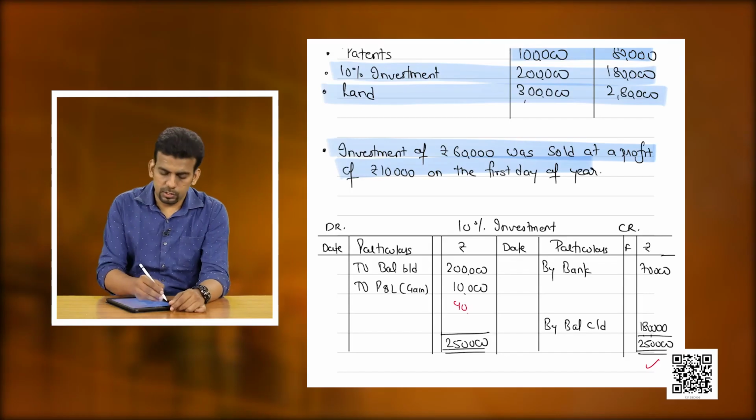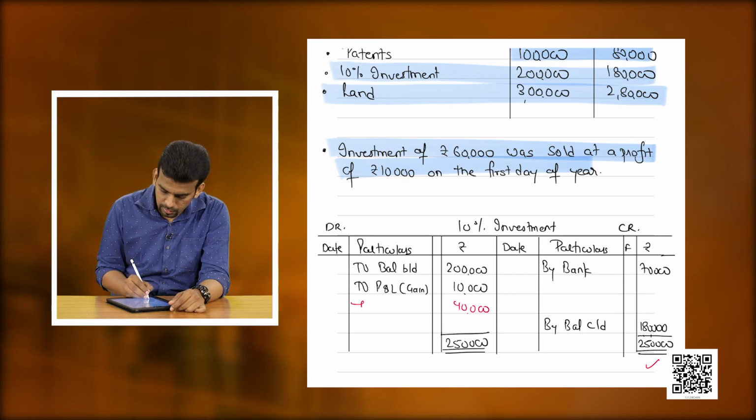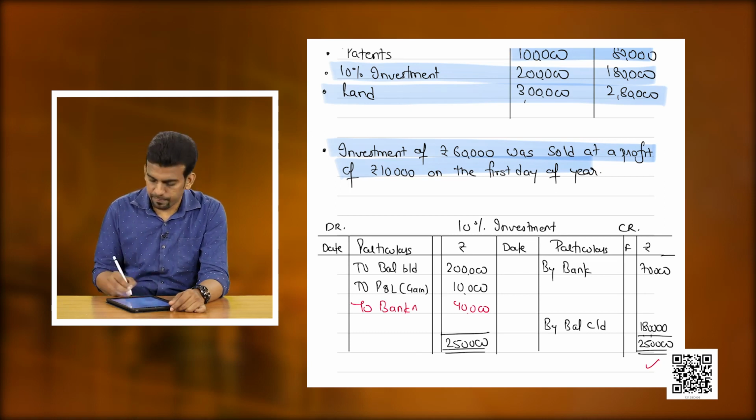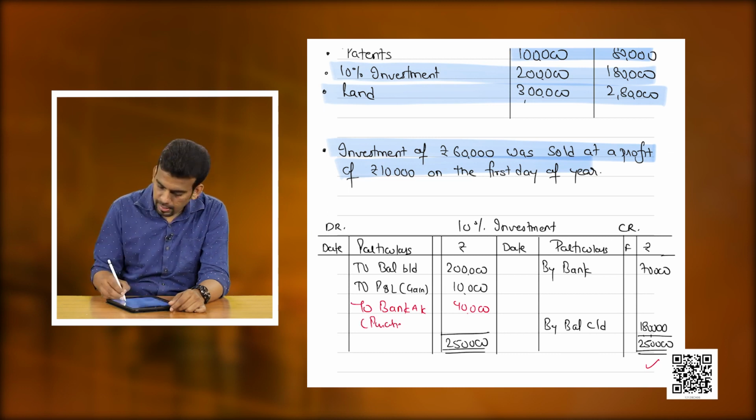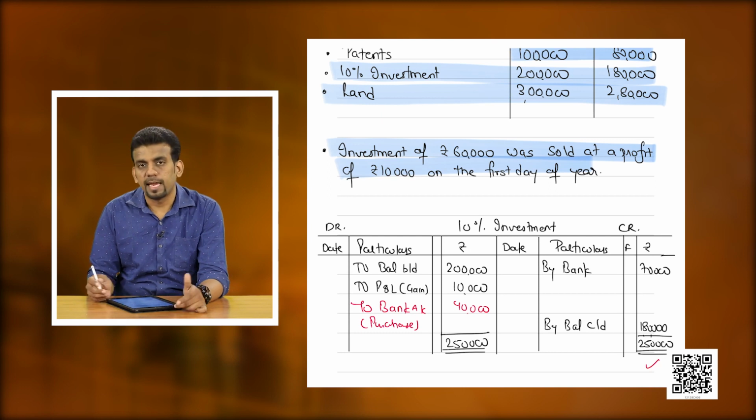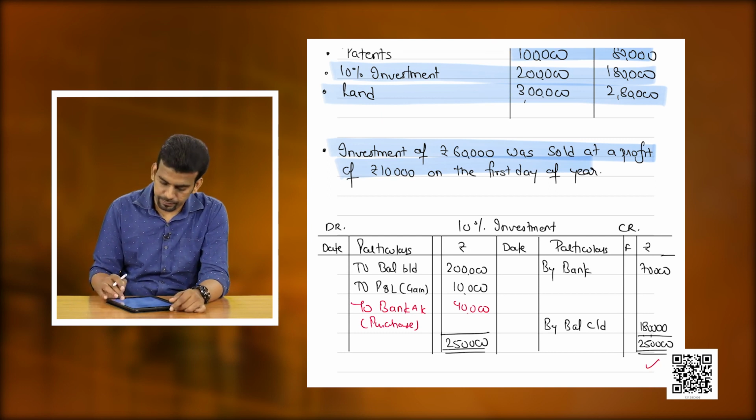So, here you need to focus. 40,000 is going to be an outflow for investing activity and 70,000 is going to be an inflow in investing activities.